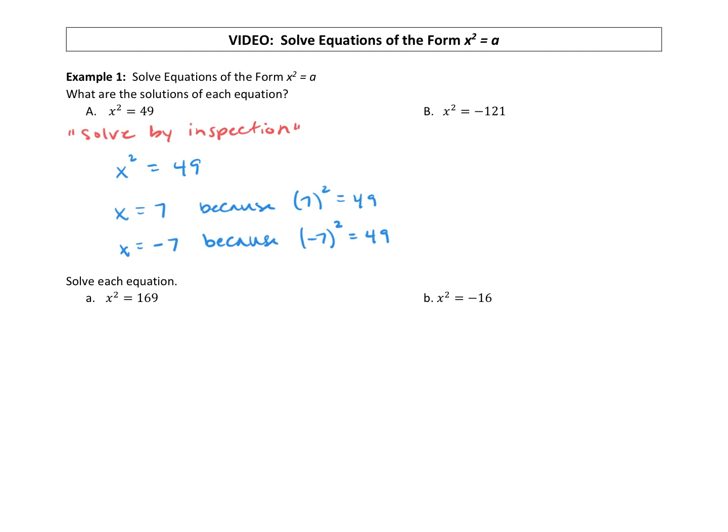Okay, so part B, solving by inspection, x squared equals negative 121. One thing we have to keep in mind, and let's just make a note of this: every time a number is squared, it produces a positive answer.